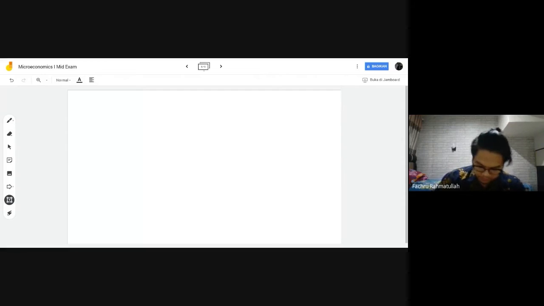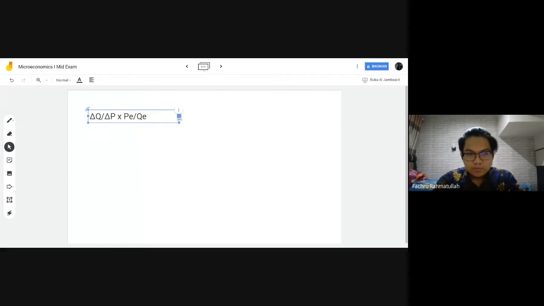So before we find the elasticity, we need to know what is the formula to find the elasticity itself. So the formula is this. But what is this? And how to find this number?